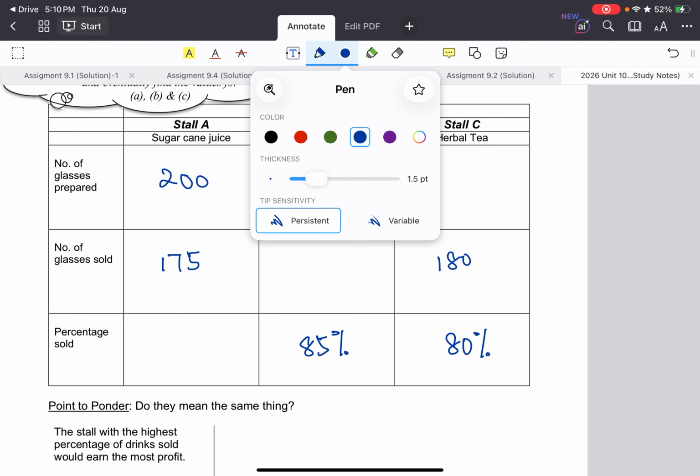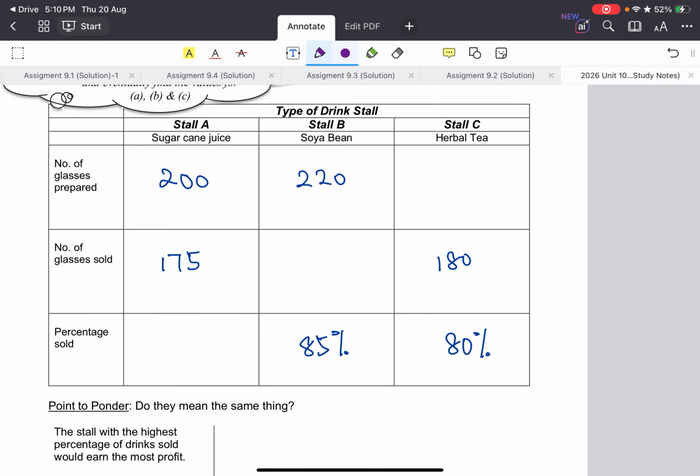Let me change the color of my pen so it's visually more prominent. Store C, what we have is 80%. 80% of an unknown. We know the amount sold is 180, but we do not know the base.